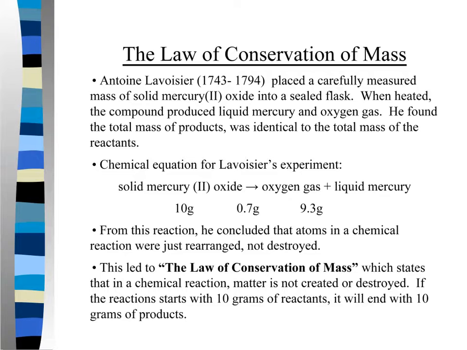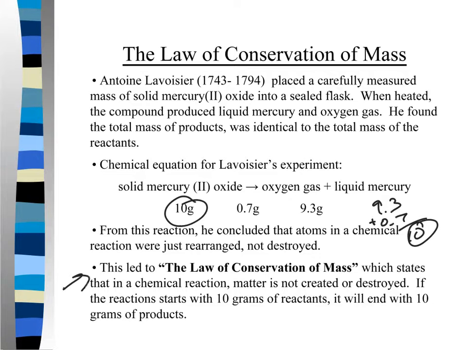We add up 9.3 plus 0.7 and we get 10, just like we started with at the beginning. So from this reaction, he concluded that the atoms in the chemical reaction were just rearranged, not destroyed. In a chemical reaction, we're producing something new, but we're not destroying what we started with.